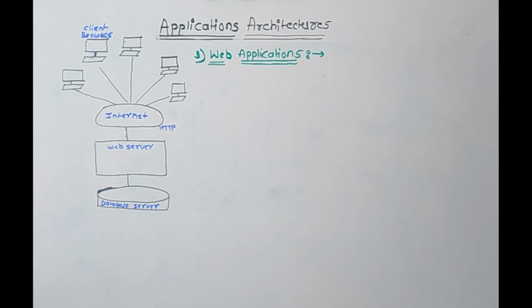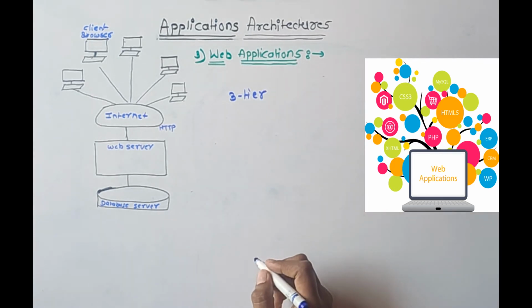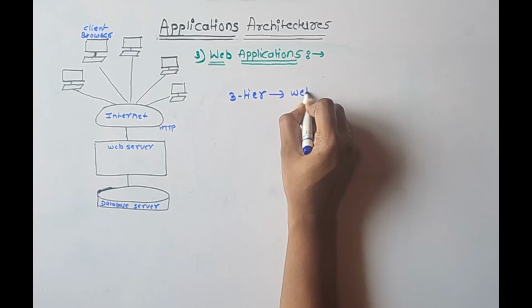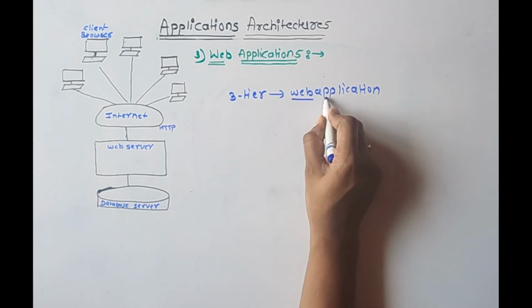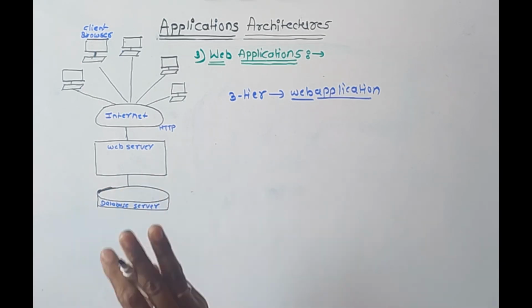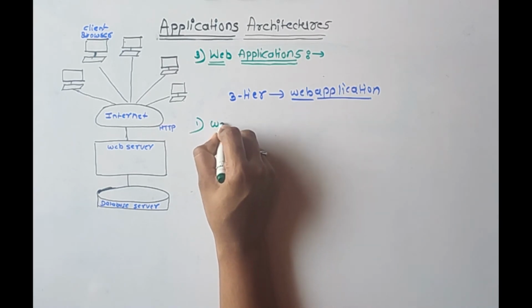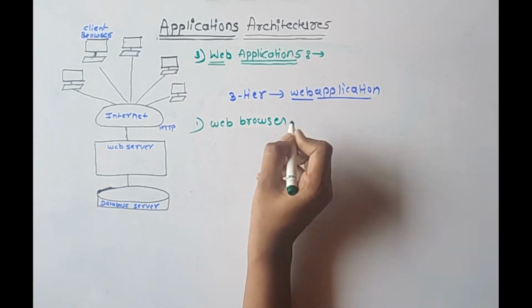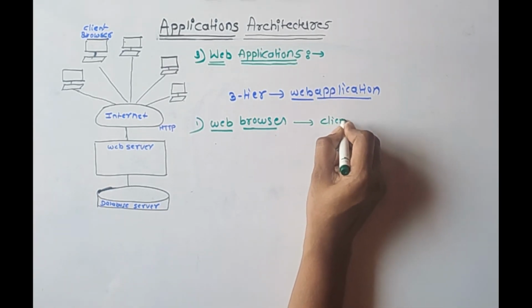Third is web applications. To make the application accessible to the world on the internet, the 3-tier architecture of web applications came into existence. The 3 tiers are: the first one is the web browser, which acts as a client.